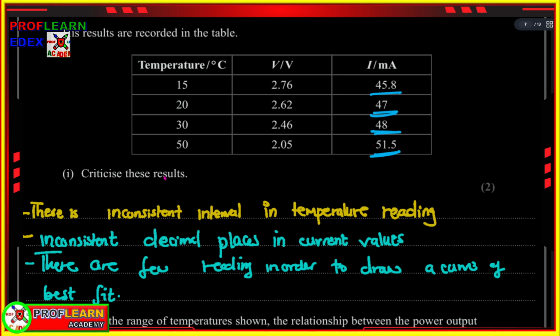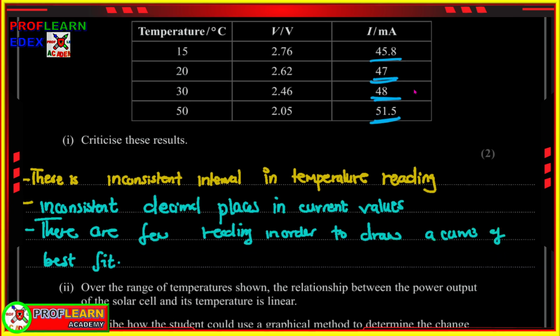And also we can look at the few readings. In order to draw a graph, you need more data. So the data that is provided is less, and also there is inconsistency in the decimal places in the current values, and there are a few readings. We can also see inconsistency in the interval of temperature reading. From here it's 5, here you can see it's 10, then here the interval is 20. That inconsistency is not going to really make us get accurate results.